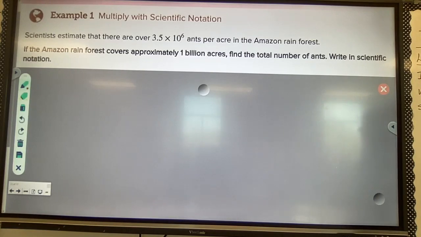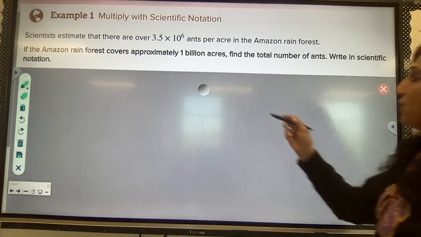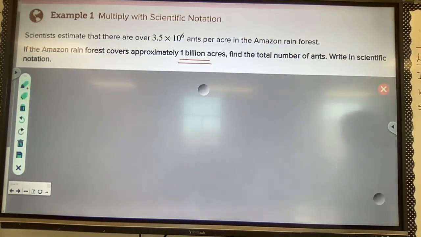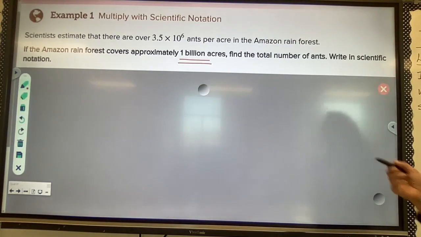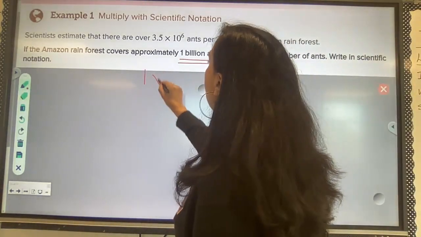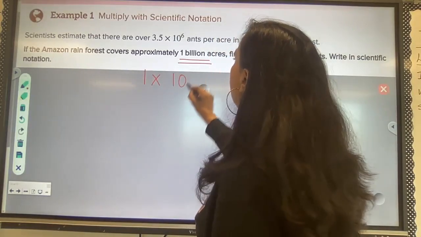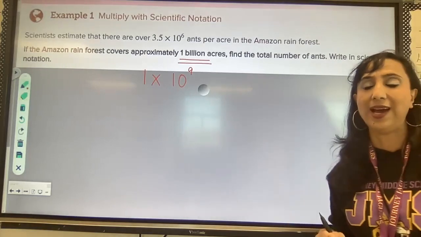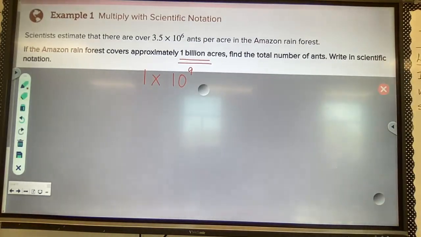The first thing we are going to do is write the number of acres in scientific notation. So 1 billion means 1 times 10 to the ninth power, because you know how many zeros there are. So 1 times 10 to the ninth power, and that's how I'm going to write it out.